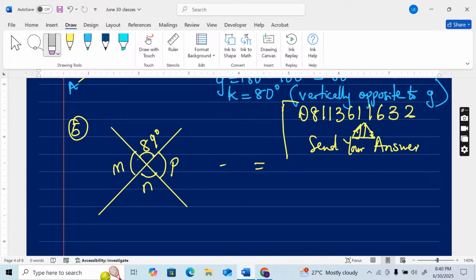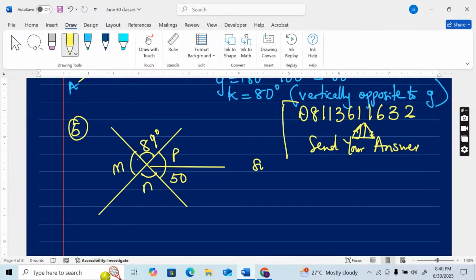Angle M and 89 degrees are on a straight line.